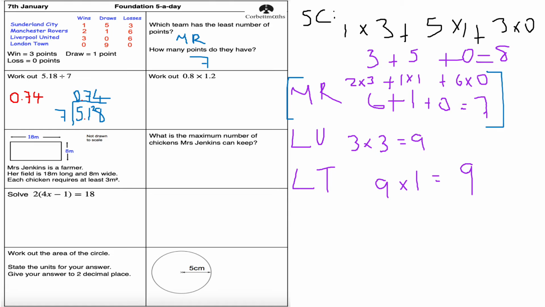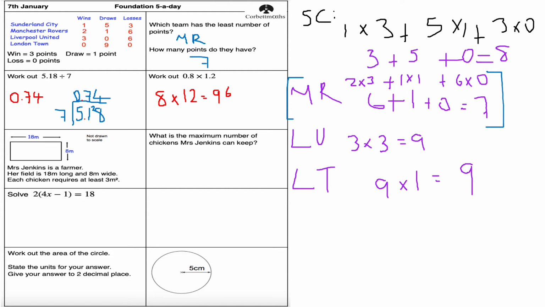Question number 3, guys. Work out 0.8 times 1.2. If it was me, I'm going to work out 8 times 12, and then divide my answer by 100. So 8 times 12: 8 times 10 is 80, plus 8 times 2, which is 16. So it's 80 plus 16, which is 96.